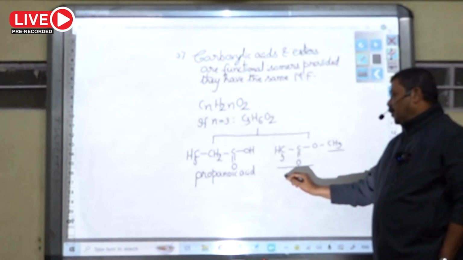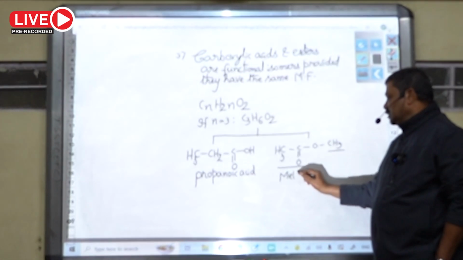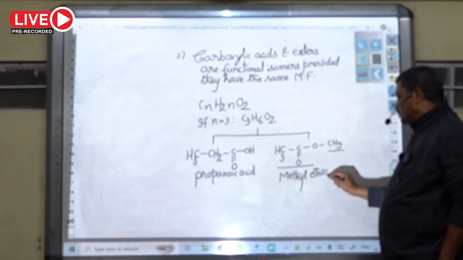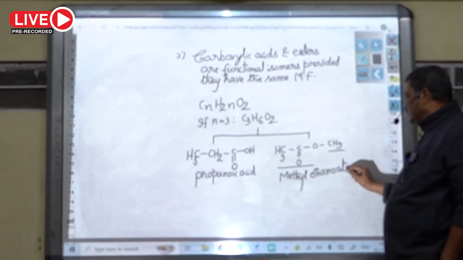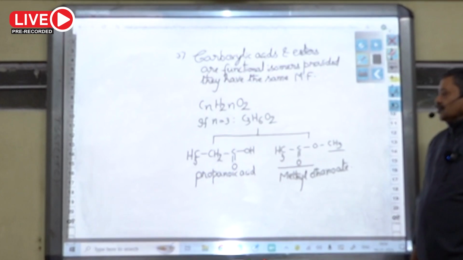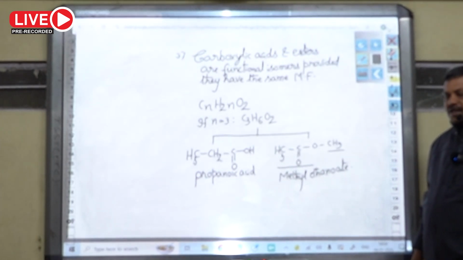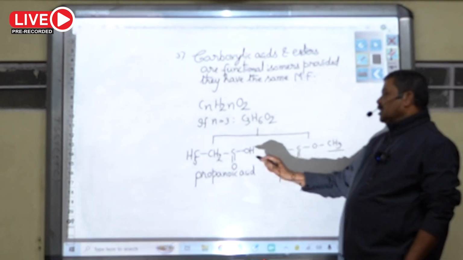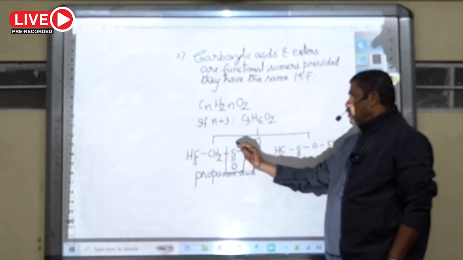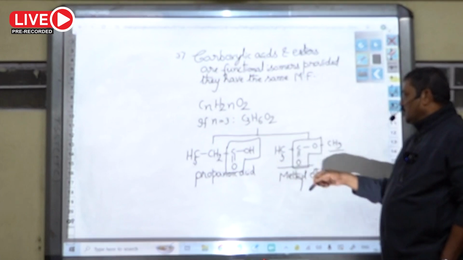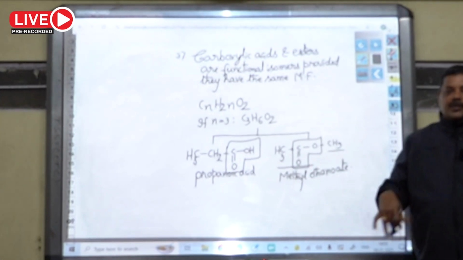In IUPAC, methyl ethanoate. So propanoic acid and methyl ethanoate represent what kind of isomerism? Functional group isomerism, because here the functional group is COOH, here the functional group is COO. That's why their properties differ.